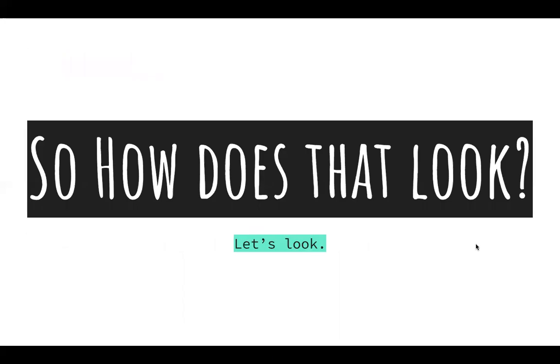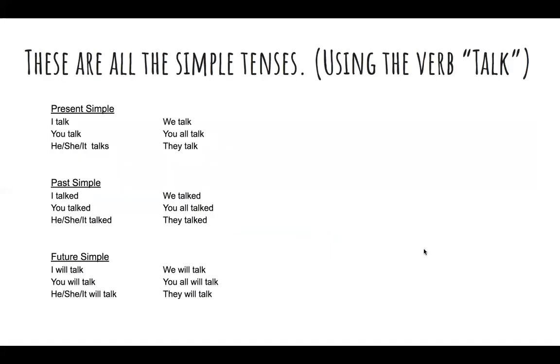Okay, so how does that look? When you are writing the verbs, each tense changes the look. These are all the simple tenses. Here I'm using the verb talk. So, in the present simple tense, I talk, you talk, he, she, it talks, we talk, you all talk, and they talk.